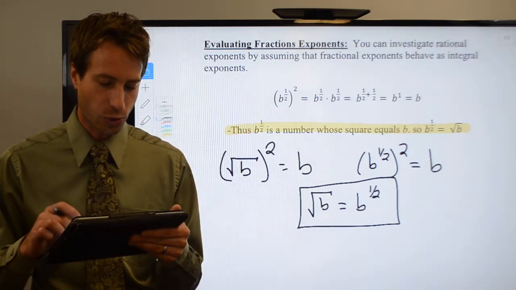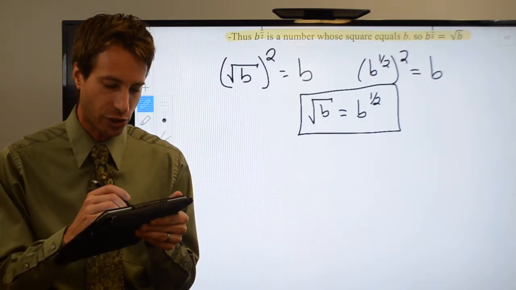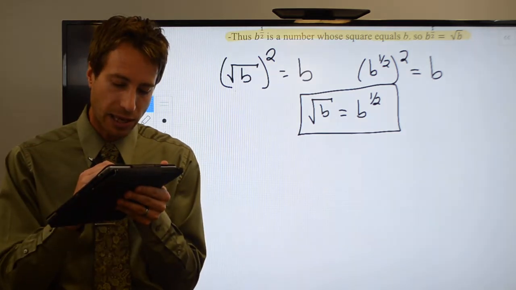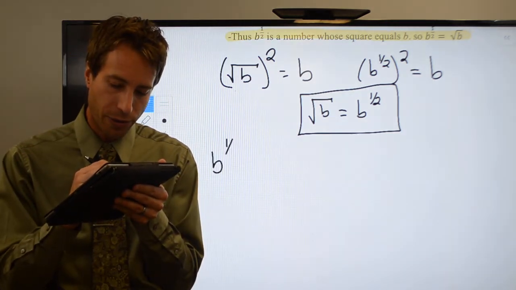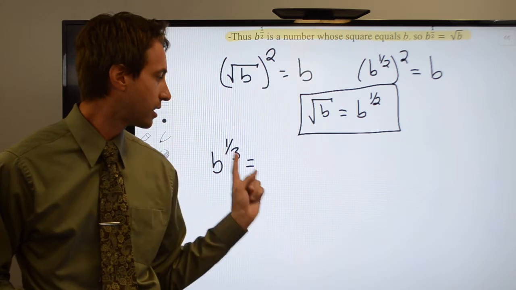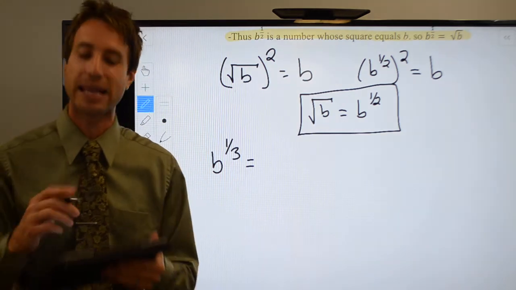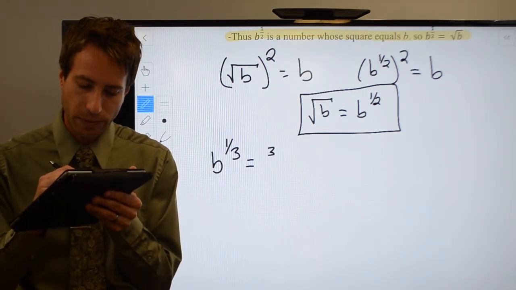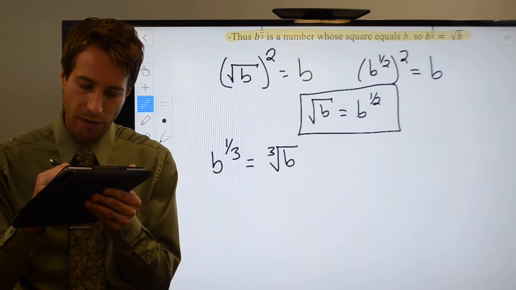Let me show you how this works in a couple more example problems just to make sure you get the hang of it. If I were to give you b to the 1/3 power, well, since my denominator is a 3, that means I would make that the index, and this is equal to the cube root of b.